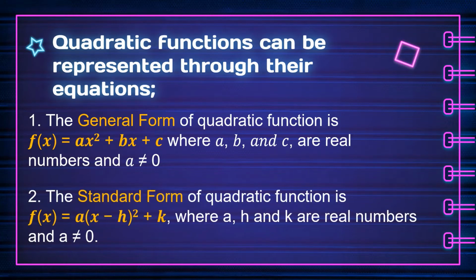The second one, we have the standard form, commonly known as the vertex form of the quadratic function. And it is represented by f of x equals a multiplied by x minus h quantity squared plus k, where a, h, and k are real numbers and a is not equal to 0.